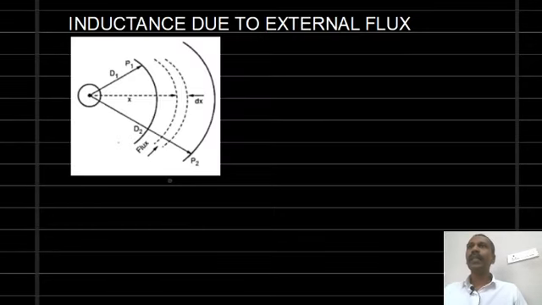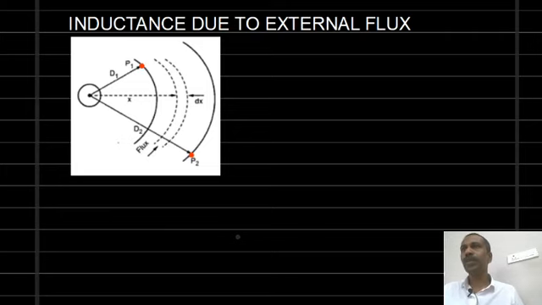Now we will find out the inductance due to external flux linkage. First of all, we need to find out the total external flux. For that, we consider a small strip of thickness dx, which is at a distance of x meter from the conductor. Now this strip is considered external to the conductor, and this is within 2 points P1 and P2.